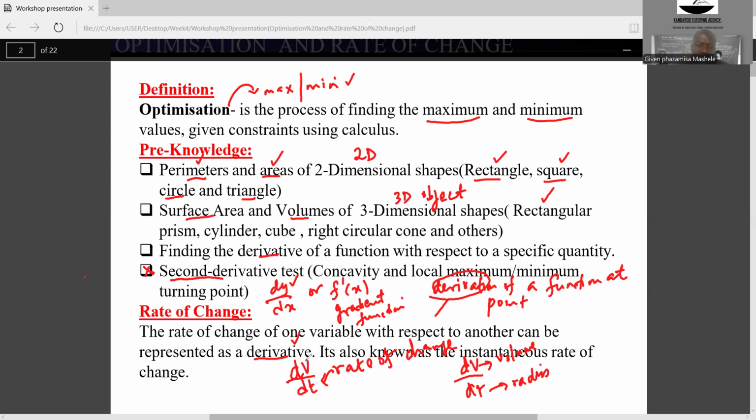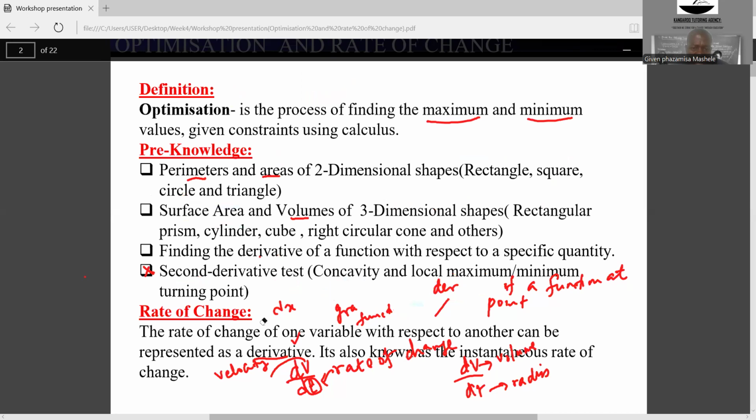If this V, for example, is the velocity, then this is the change in velocity with respect to time. So this is regarded as the rate of change. I believe you're well. Right. So this is what you're expected to know under this section of optimization, which is the application of calculus.